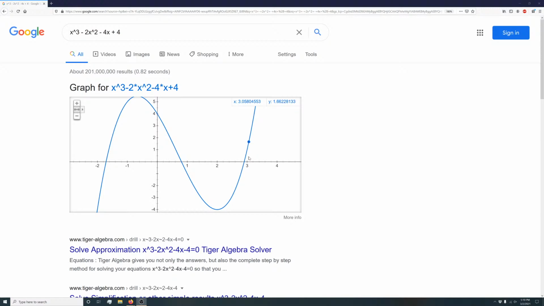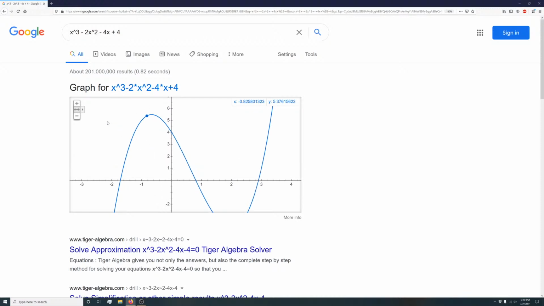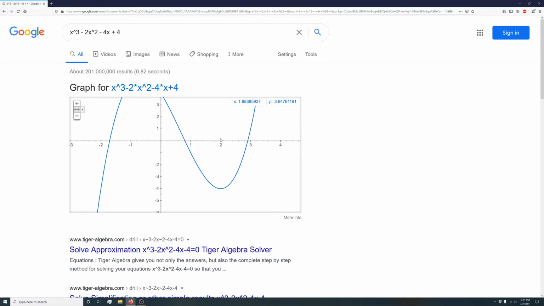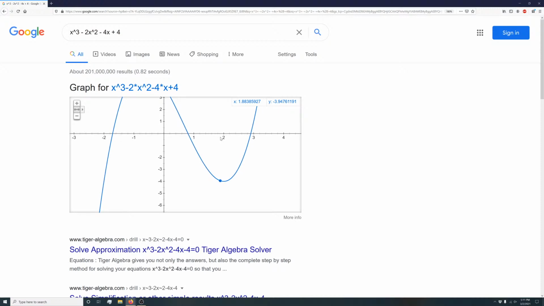At this point right here, that's where the tangent should be equal to 0. And if I move it a little bit, around here, again, that's where the tangent is equal to 0. I would say because the concavity has switched, that's a local maximum. So the endpoints don't determine the locality.